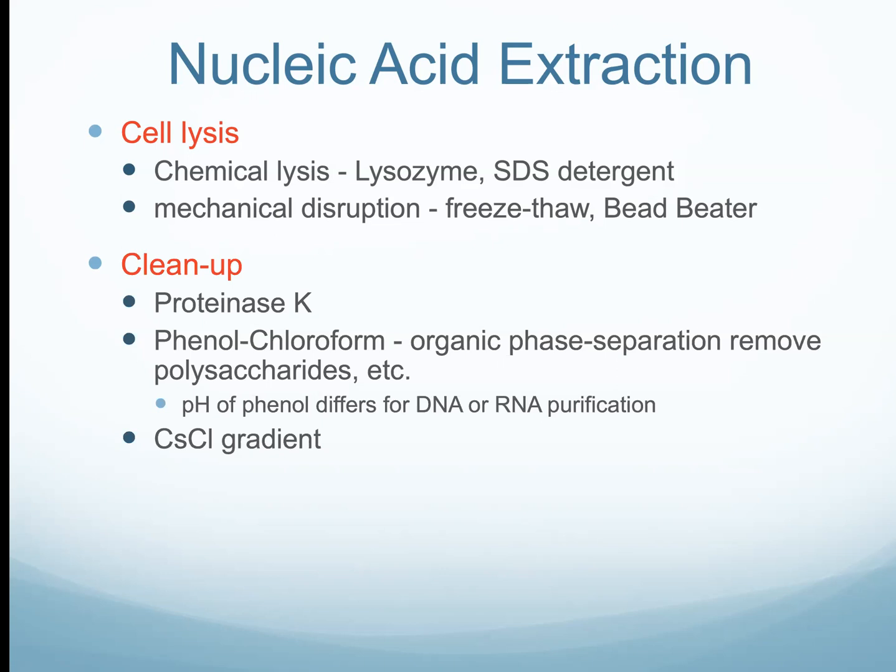We just use a kit. So instead of having the phase separation in two different organic solvents, you just stick your DNA sample onto a membrane, and then you can do washes and lysis steps and all these things with it, and then you just elute it back off. Okay.